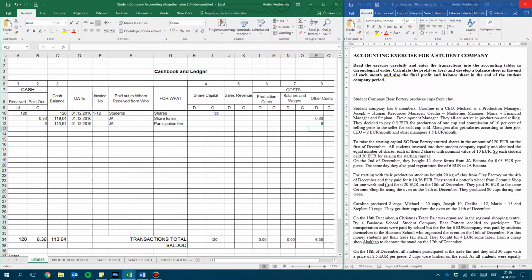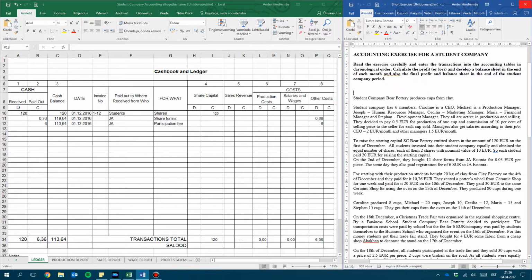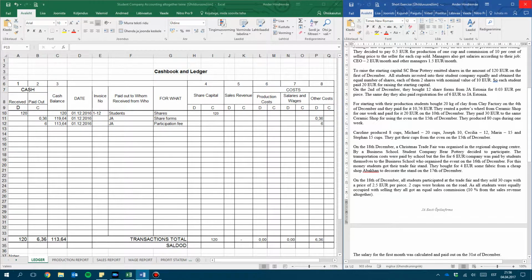So where are we now? This one. For starting with their production, students bought 20 kilograms of clay from the factory on the 4th of December and they paid €10.76 for it. So this is the first of the series of production costs. First of all, again, the money goes out, so we credit it to the cash account, €10.76.